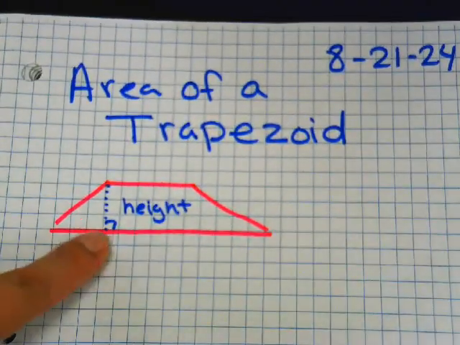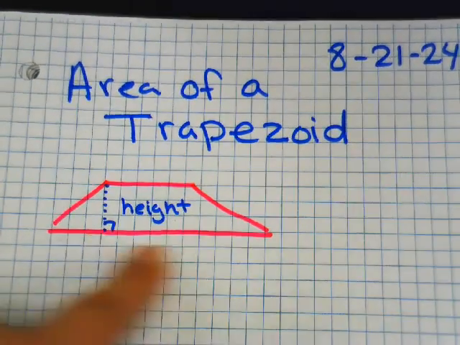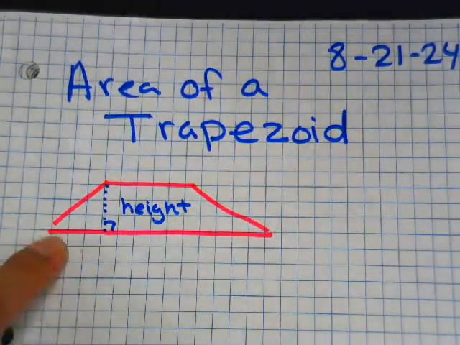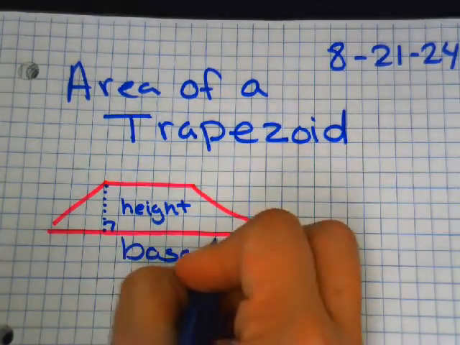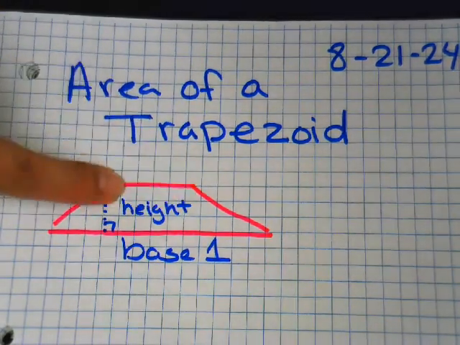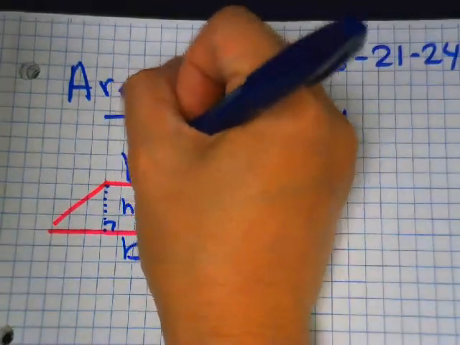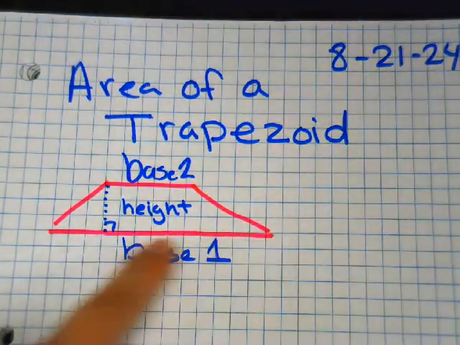What do we call this side? Base 1. What do we call this? Base 2. So this is base 1, and that's base 2.